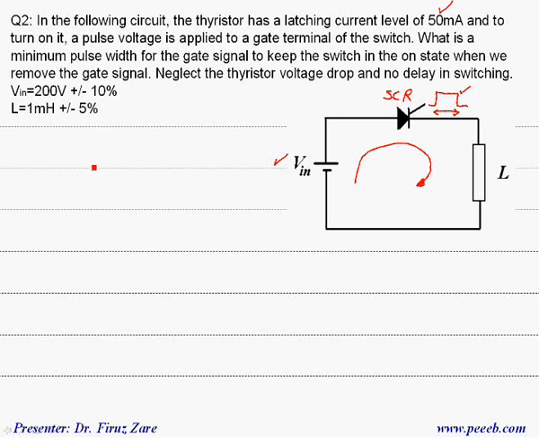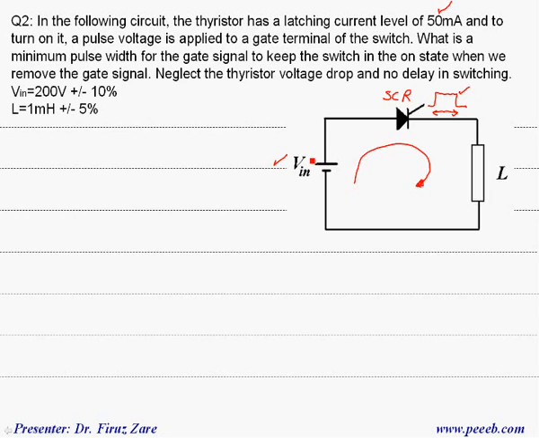So now let's look at the worst case. Let's look at the input voltage. When input voltage is with this tolerance plus minus 10%, that means minimum and maximum input voltage are 220 volts and 180 volts.